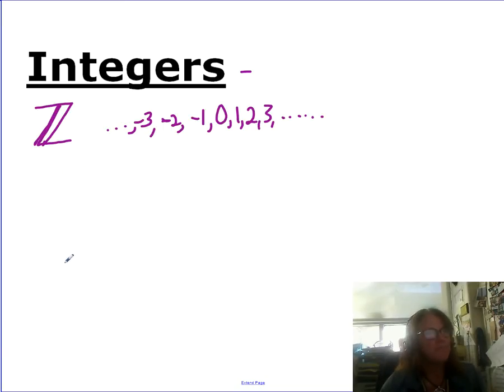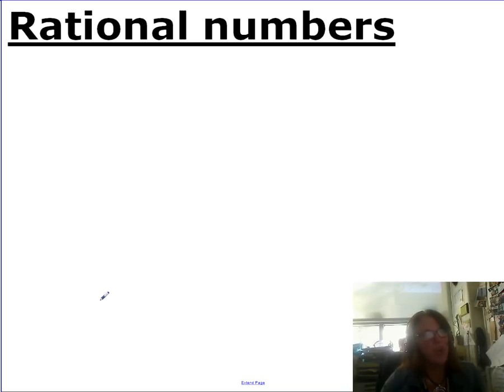Cool. All right, next, now we're going to get really, really broad because rational numbers become so many, there's no way we could list them all. There's tons of them. Basically, this is any number that can be written as a fraction, okay?